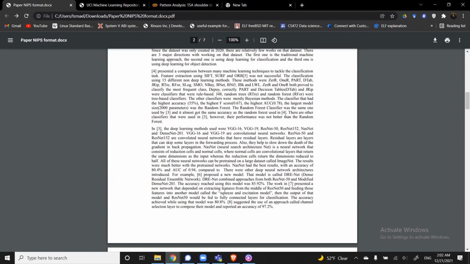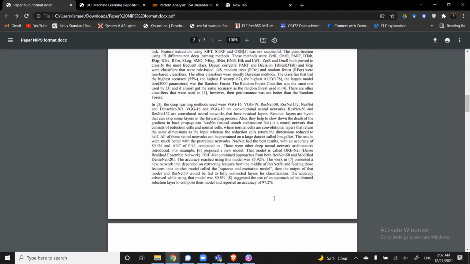Following that development, another paper published their own deep learning architecture to solve the same problem, and they reached an accuracy of 85.92%. And the last deep learning paper that published their work reached an accuracy of 97.2% using their architecture, which used something called the channel selection layer.